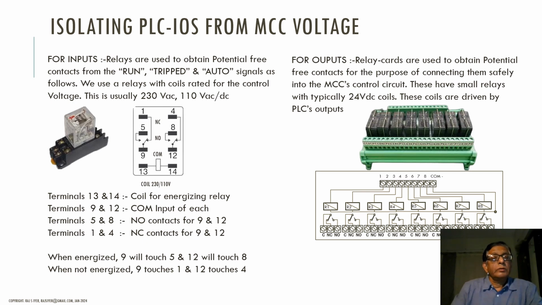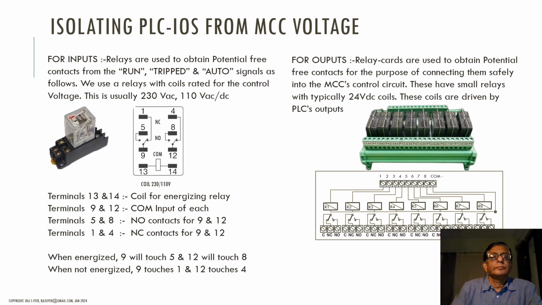Now on the left hand you see a double pole single throw kind of relay. This relay has one coil and a pair of NO NC contacts. Actually two sets of NO NC contacts. We need only one, but these usually come with two poles.